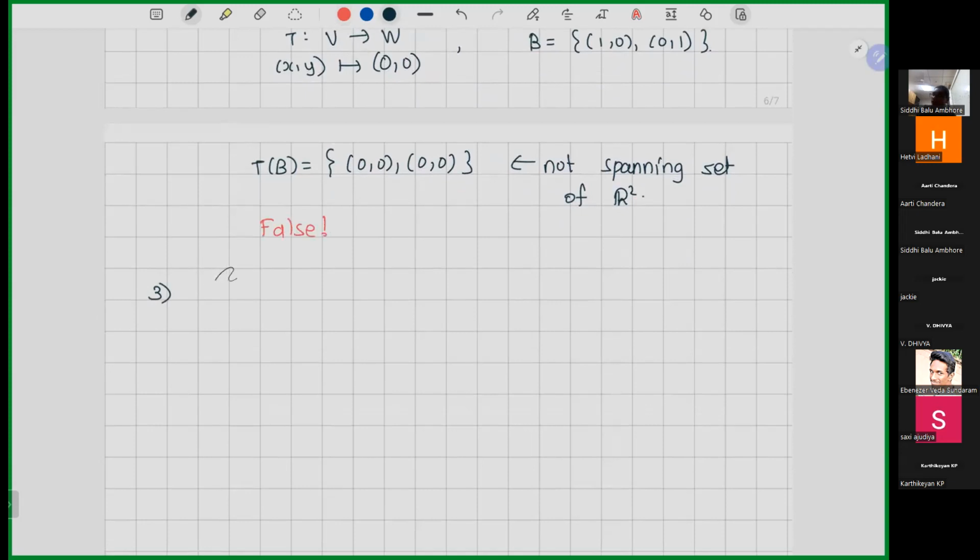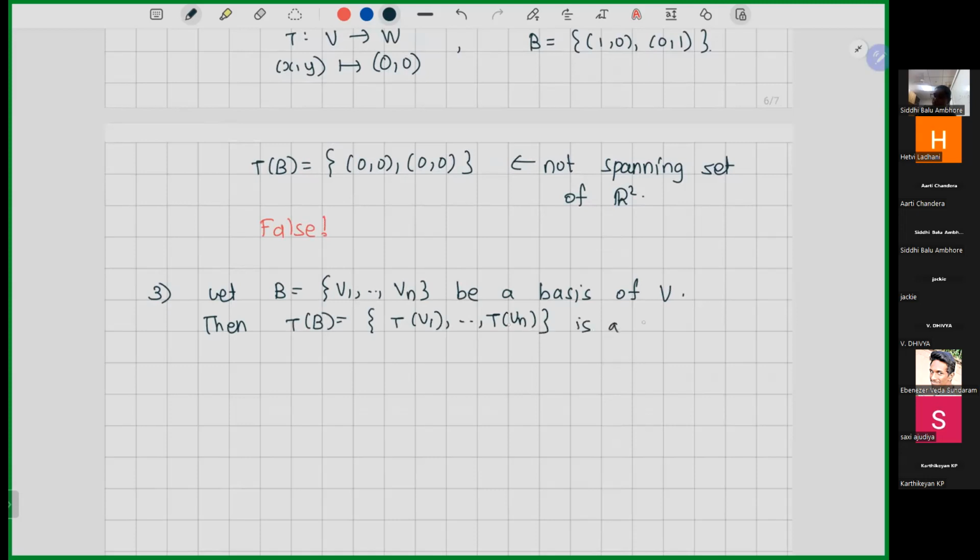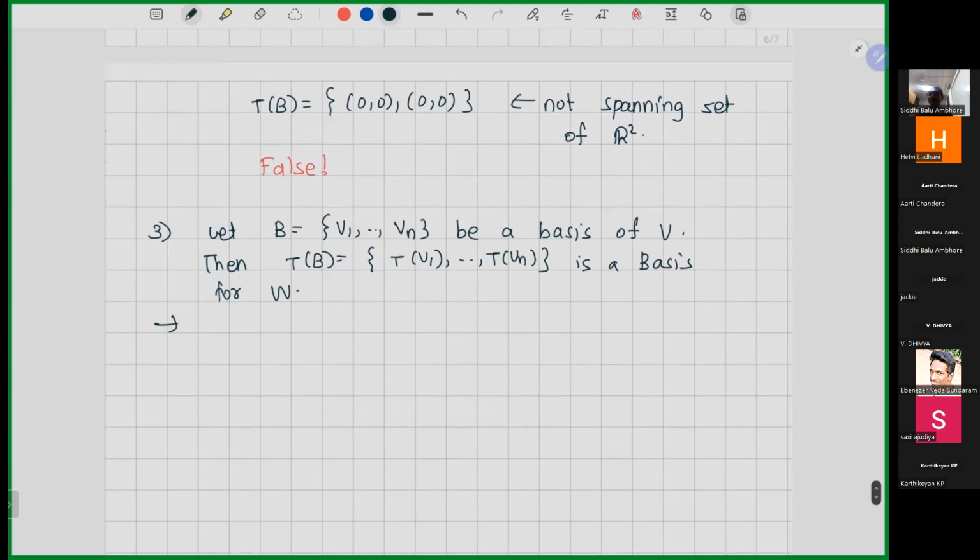So let B equal to v1 to vn be a basis of V. Then T(B) is a basis for W. So your guess, any?